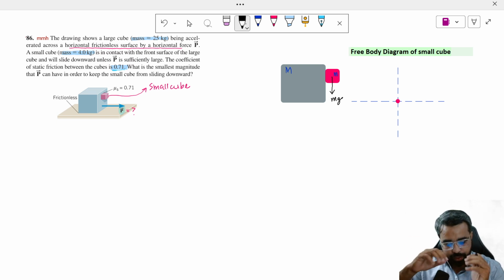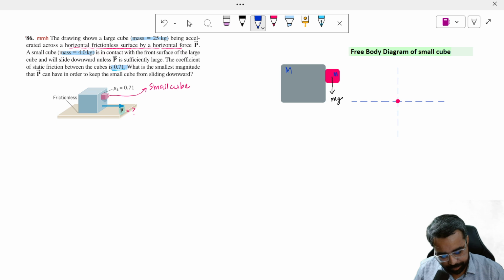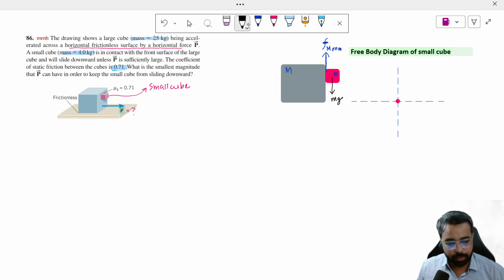So which force is countering this force? The other force must be the frictional force, which must be in this direction. That is a force applied by the larger block on the smaller block. We will draw these forces in our free body diagram. This force is the weight, and this is the force applied by the larger block on the upper block.